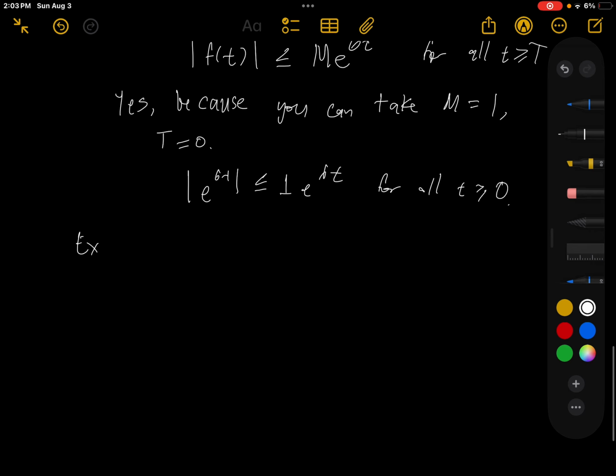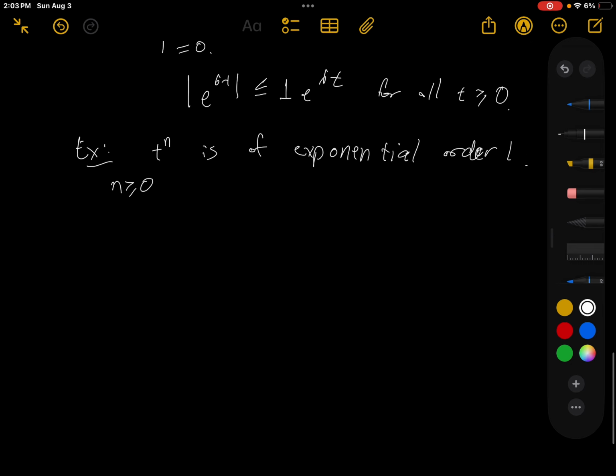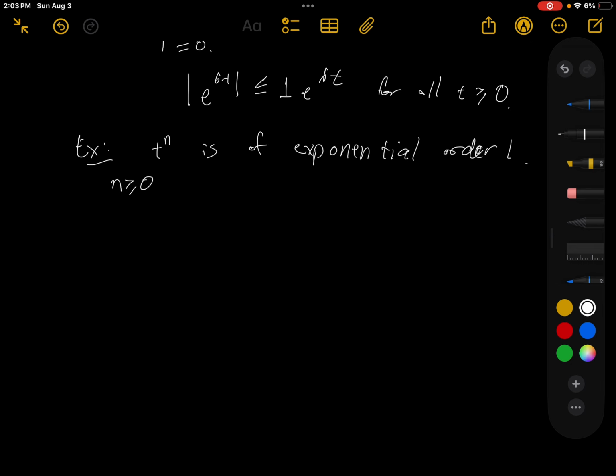And what about a polynomial? If you have t to the n, this is of exponential order 1, if n is a positive integer. Actually, I don't think it even needs to be an integer, just greater than or equal to 0.